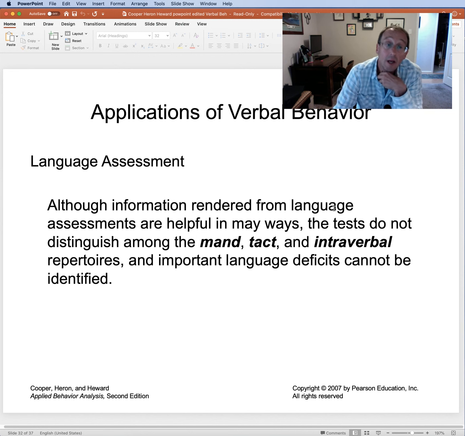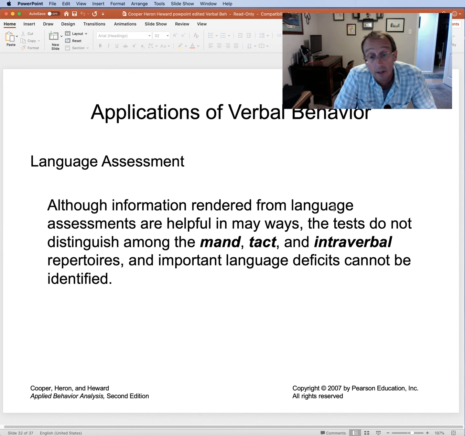Okay, so language assessment. We typically don't do standardized expressive and receptive language inventories and try to figure out where somebody's at. We typically start by taking an inventory of, well, what's their repertoire? How functional are they with manding? How well are they at labeling and tacting? And if you've ever talked to somebody that doesn't engage in intraverbal behavior, it's really hard to keep a conversation with them.